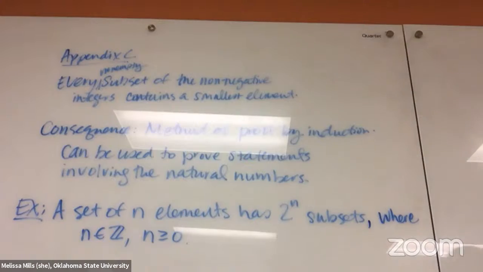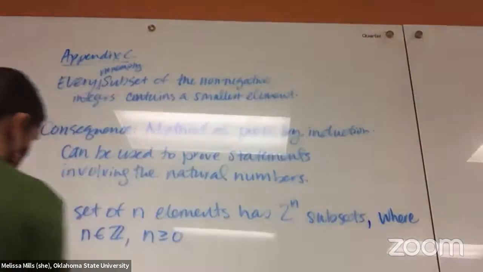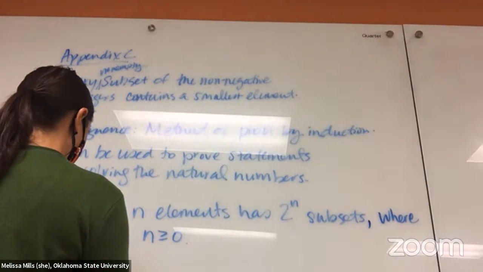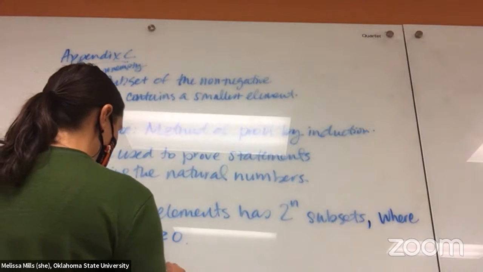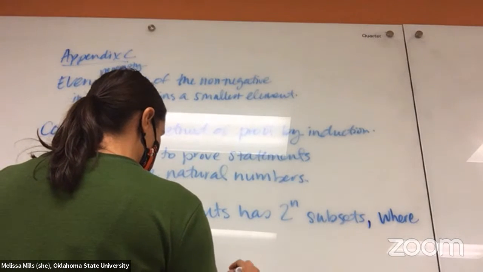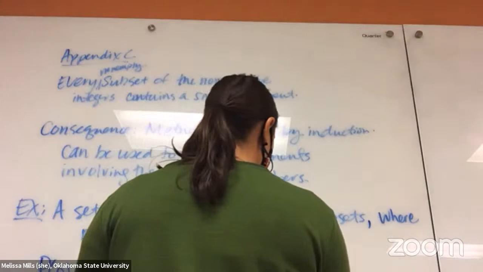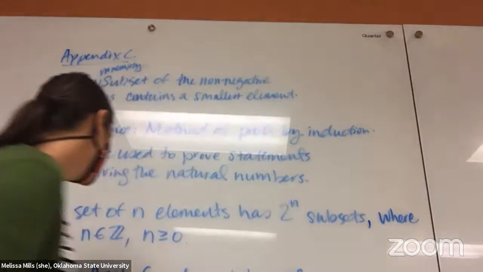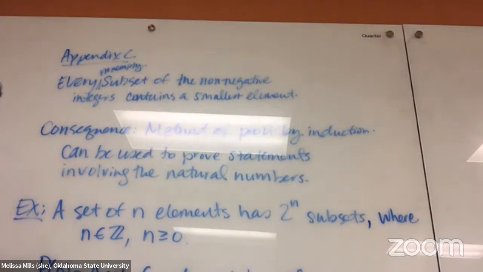The notation we're going to use is P0, the statement when 0 is plugged in for n. So P0 says that a set of 0 elements has 2 to the 0, which is 1 subset.